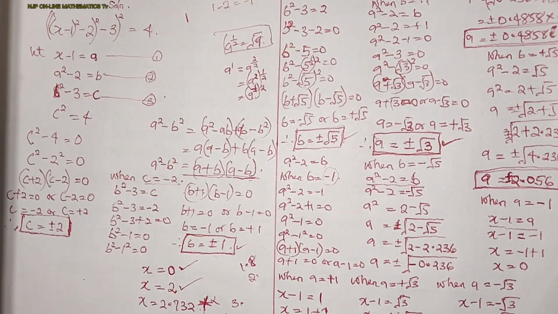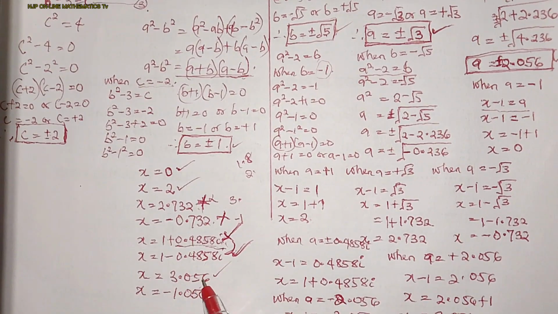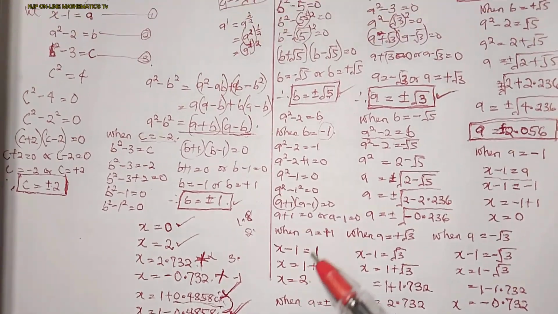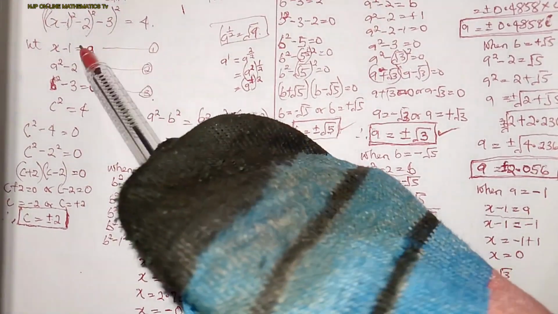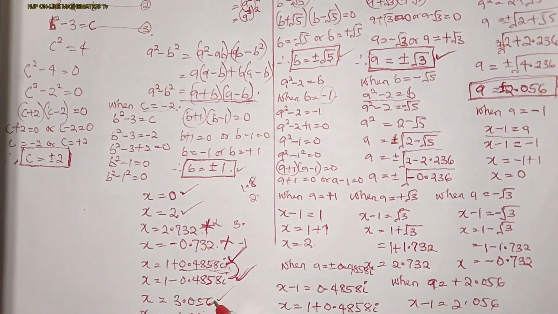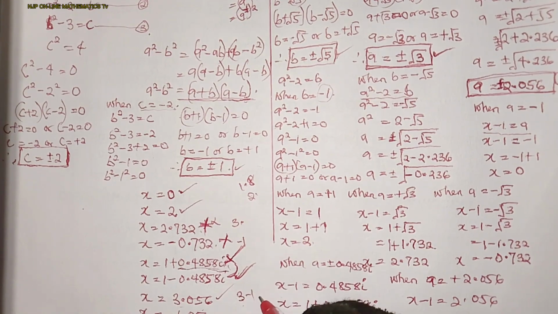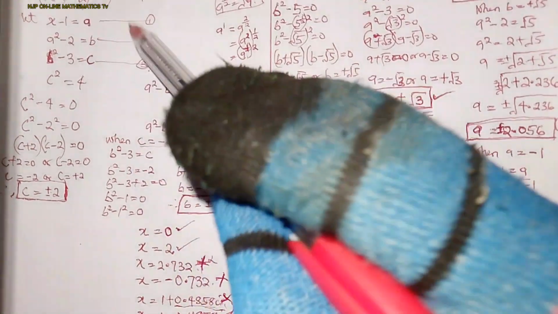So let's see when x equals 3.056. When x equals 3.056, if we remove 1 from it here, we'll have 2.056, approximately 2.